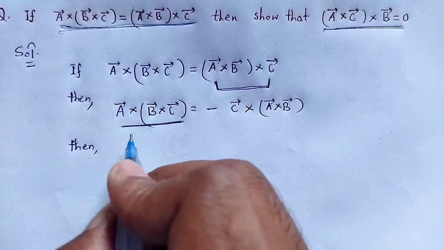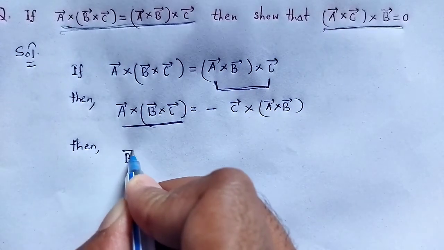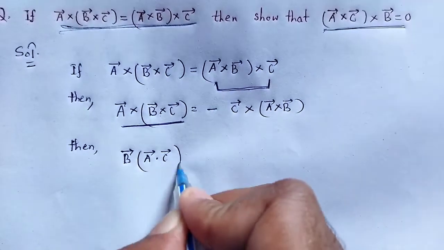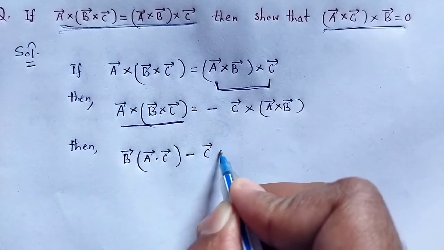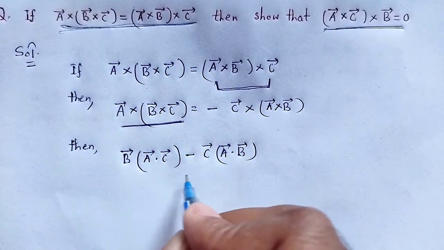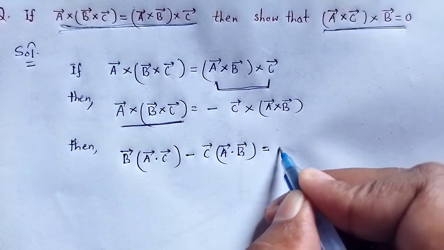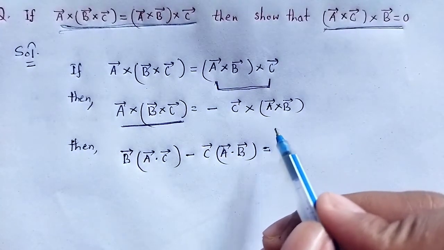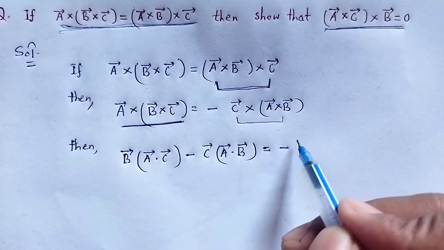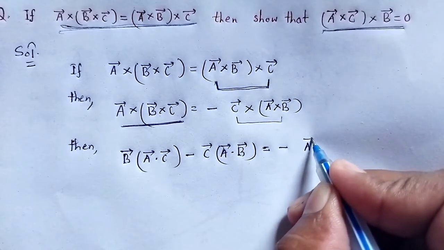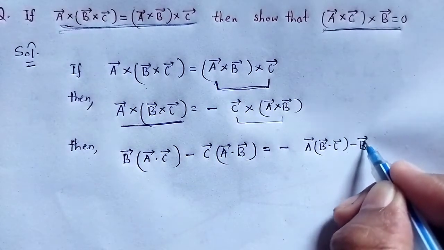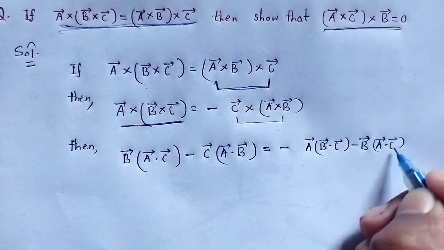It will be B of A dot C, that is back minus cab, minus C of A dot B as A cross B cross C. Then for C cross A cross B, that is negative of A vector of B dot C minus B vector of A dot C.